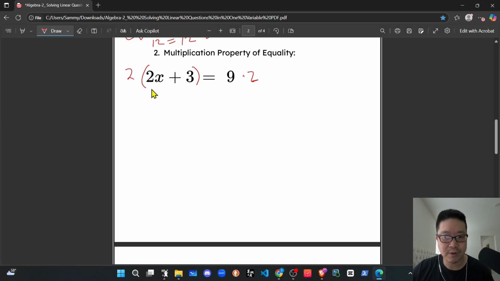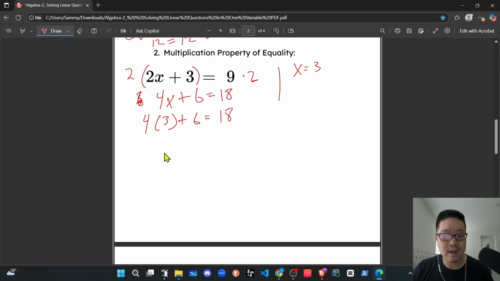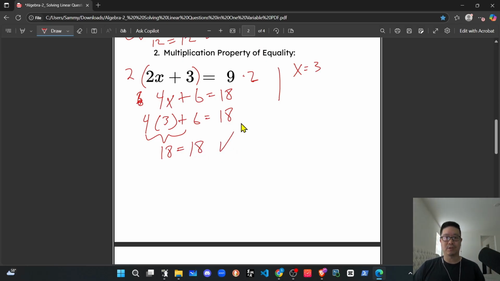So 2 times 2x plus 3 is going to be 4x plus 6 equals 18. And again, we know that x equals 3, so we're going to plug in 3 for x. On the left side, 4 times 3 is 12. 12 plus 6 is 18. And 18 does equal 18 on the right side. Therefore, this is a true equation.